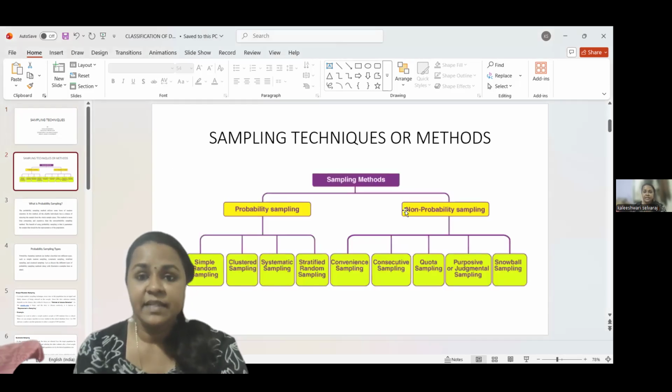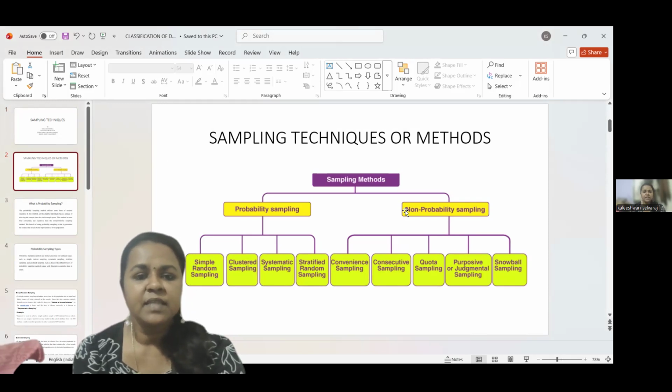So sampling techniques or methods are based on two types of sampling. That is, one is probability sampling and another one is non-probability sampling. Probability sampling is classified into four: simple random sampling, clustered sampling, systematic sampling, and stratified random sampling. Likewise, non-probability sampling is classified as convenient sampling, consecutive sampling, quota sampling, purposive or judgmental sampling, and snowball sampling.